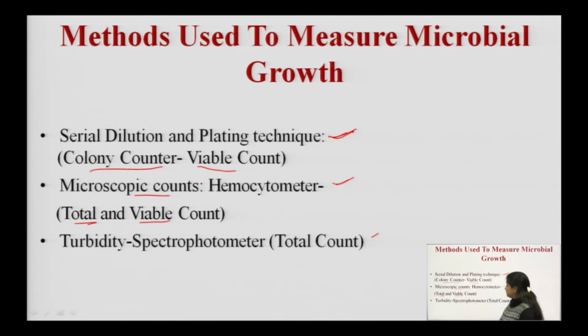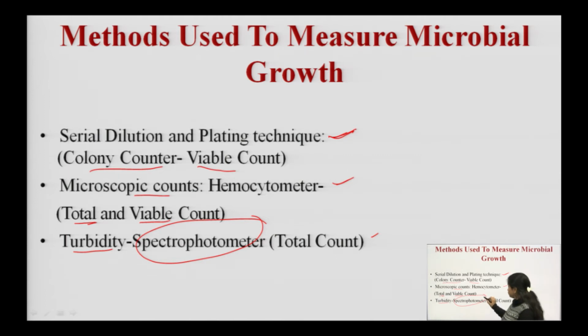And the last technique is known as the turbidity technique. In this we use an instrument known as a spectrophotometer. What is a spectrophotometer? It is an instrument which determines UV rays and visible rays.